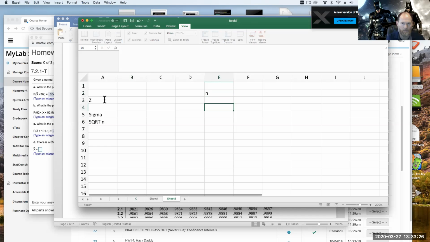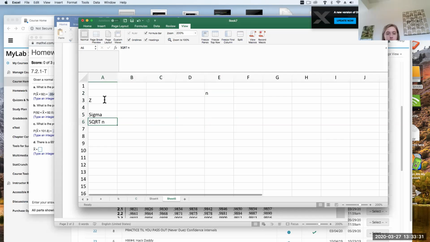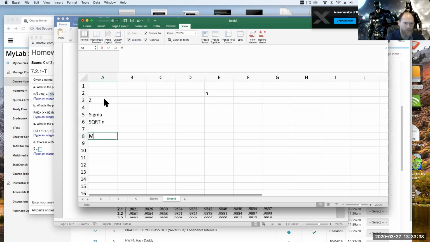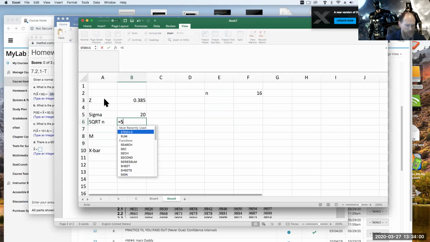This is going to be a sloppy model. And then X bar. So let's work our way top to bottom. That is 0.385. That is 20. This over here is 16. This over here is the square root of that.